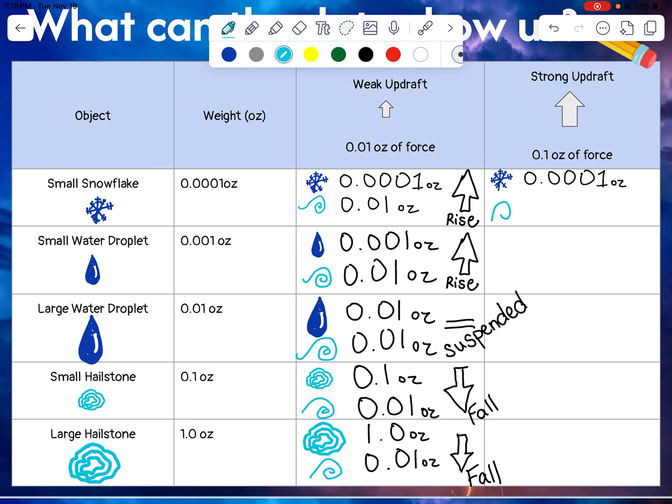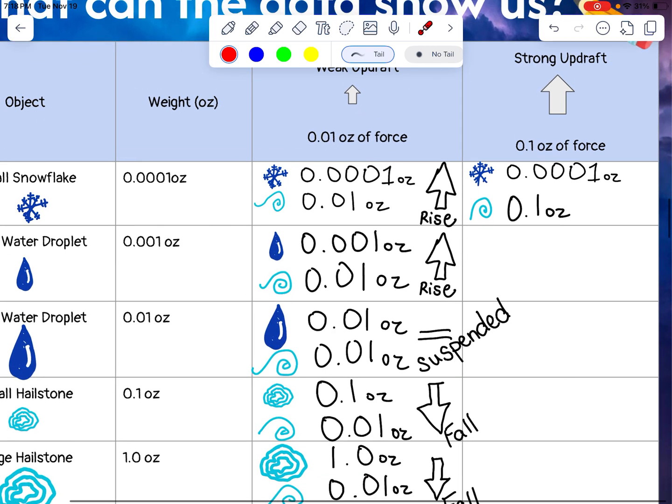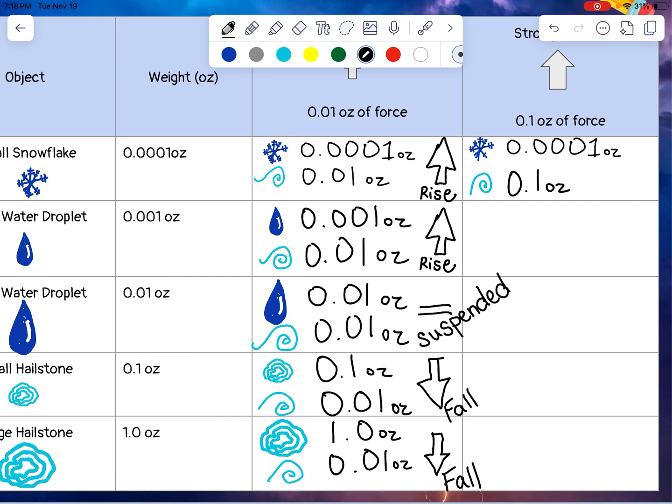The large updraft, on the other hand, has a force of 0.1 ounce. Let's compare. 0, 0, it's a tie. 0, 1, the large updraft is winning. The large updraft is able to push the small snowflake up and higher into the atmosphere.